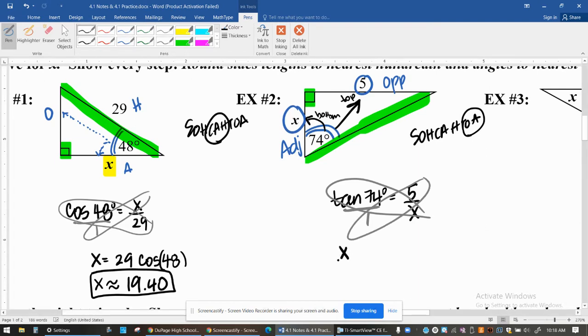Remember, I like to keep the single part of it in front and then my trig function, so tangent of 74. And I keep forgetting to put my little bubble for degrees. Always keep your units. Equals 1 times 5, and then divide by tangent of 74 on both sides. And that's 74 degrees. That's why you need to make sure you're on degree mode.